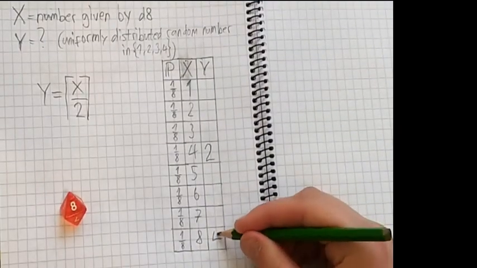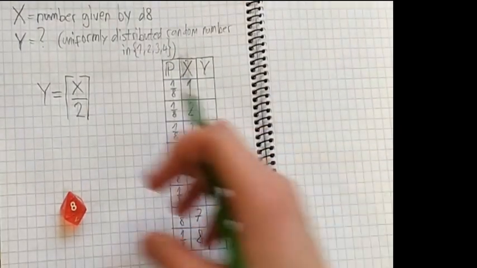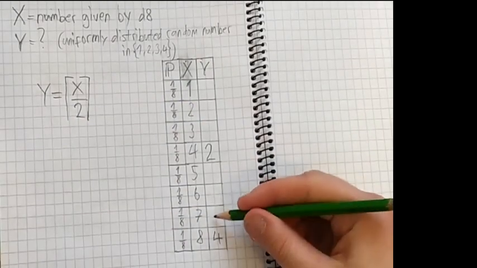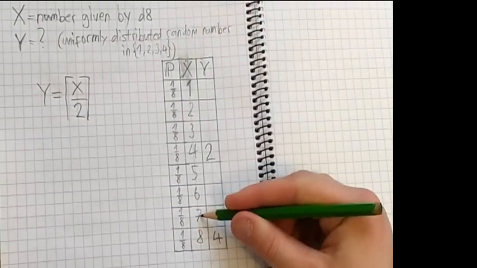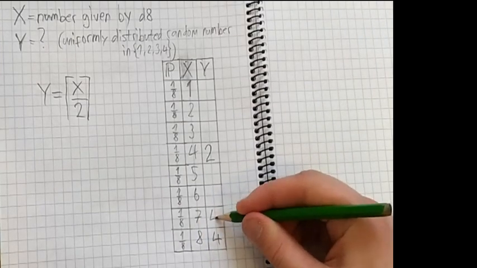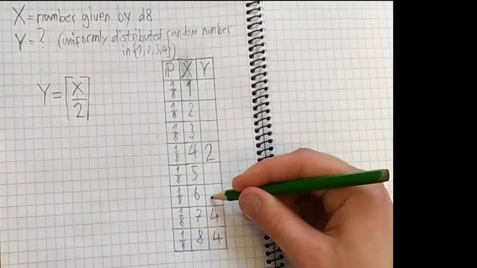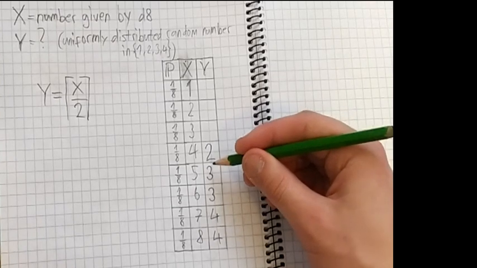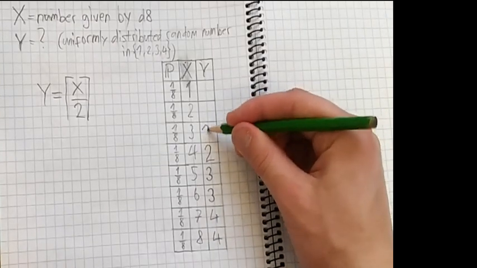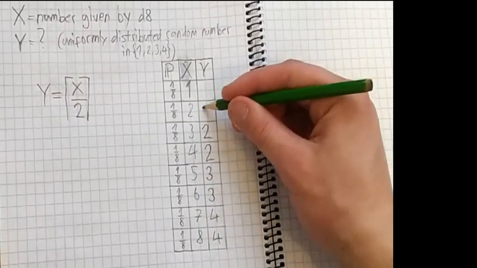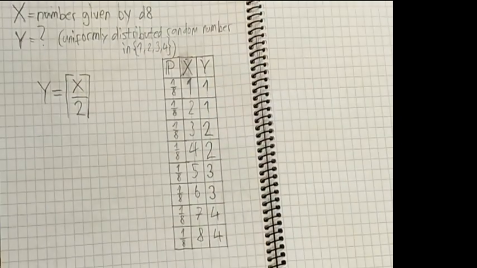so we actually threw a 4 here, and for the rest of these numbers, the ceiling function of 7 divided by 2 is also 4, and if it's 5 or 6, we would get a 3 as the value of Y, and 3 would give a 2, and 2 and 1 would give a 1.